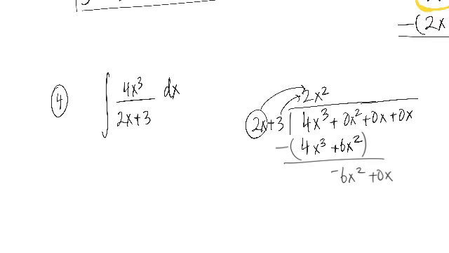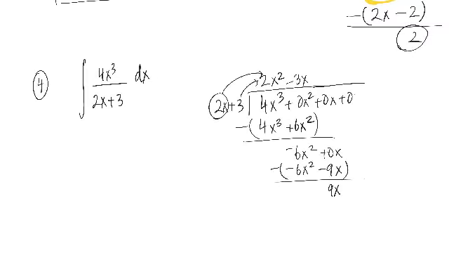And then again, divide to get negative 3x. Negative 6x squared minus 9x, subtract to get plus 9x. This right here, I wrote 0x, but it's really just 0. Okay, and I can still divide because my divisor and my remainder are equal degree, right?